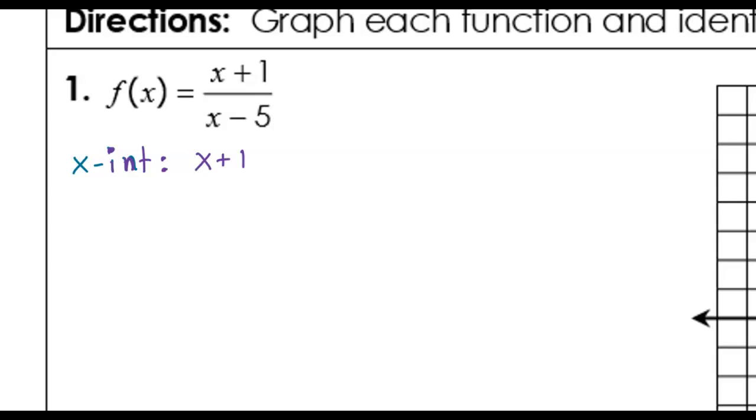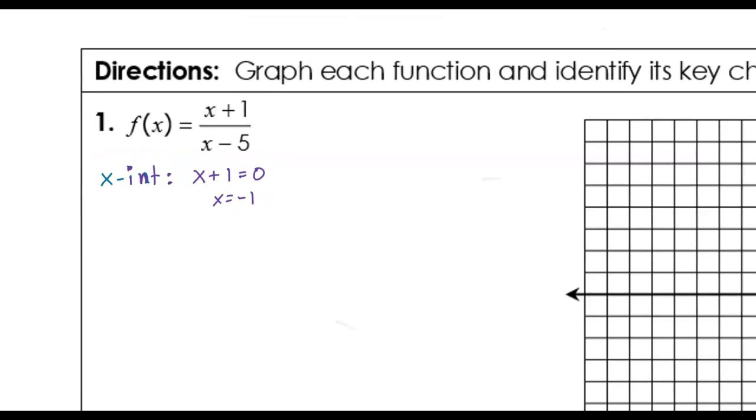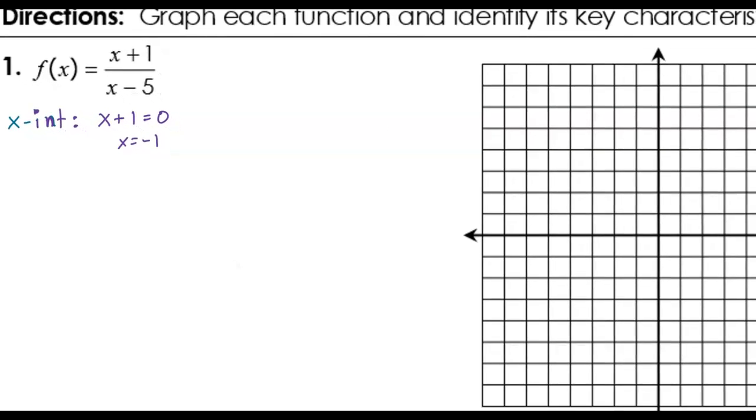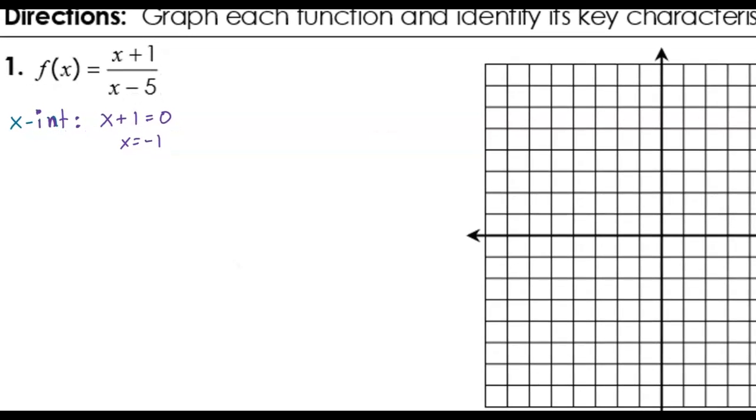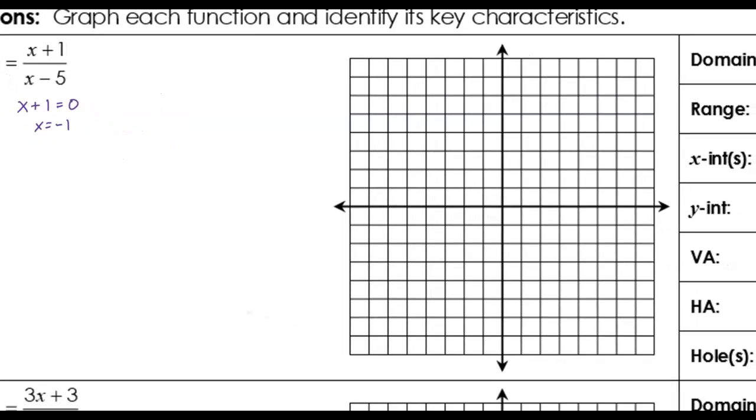Yeah, wonderful. Easy peasy. Set it equal to zero. Subtract the 1 over. Our x-intercept is -1. Now, right now, the way I have it written, x equals -1, that's technically a line on the graph, right? That's technically a line through -1. Our x-intercept is not a line.